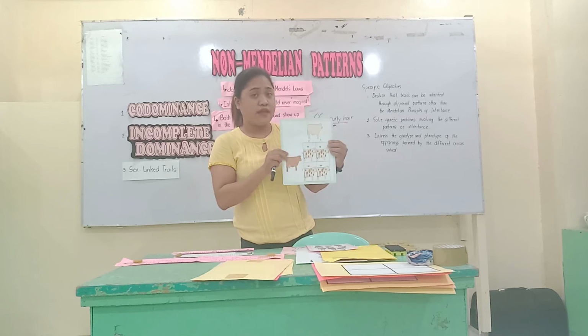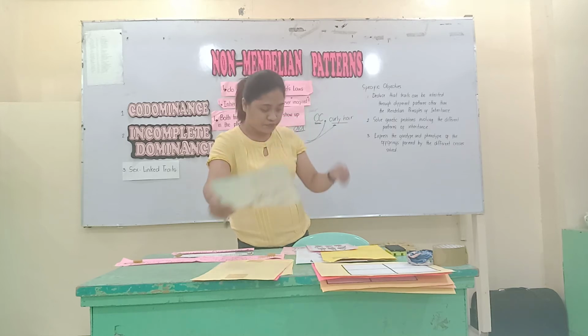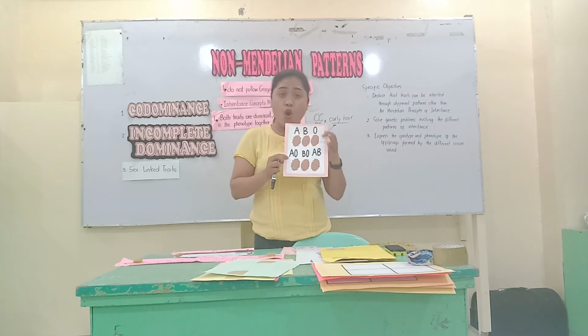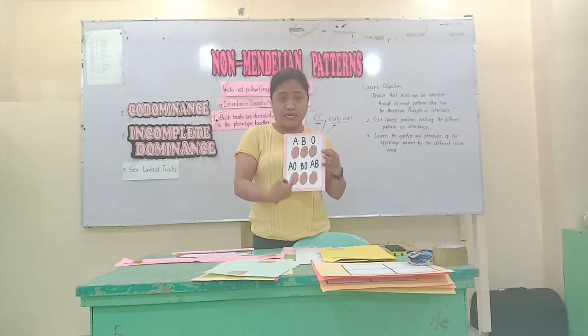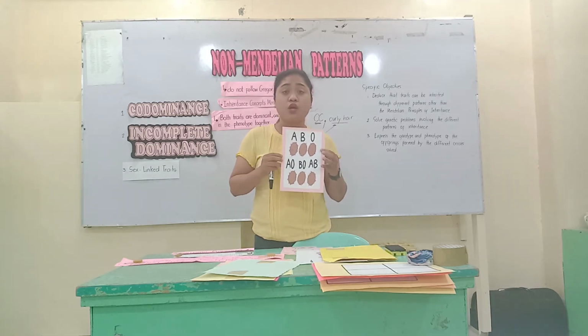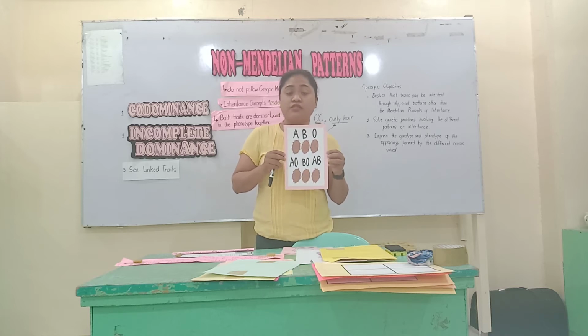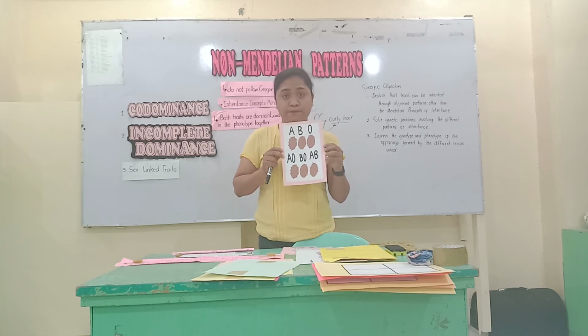Okay? So, still another example of a codominance. Okay. Now, we also have here blood types AO, BO, and AB. Okay? AO, BO, and AB is another codominant or codominance non-Mendelian principle of inheritance. Okay?